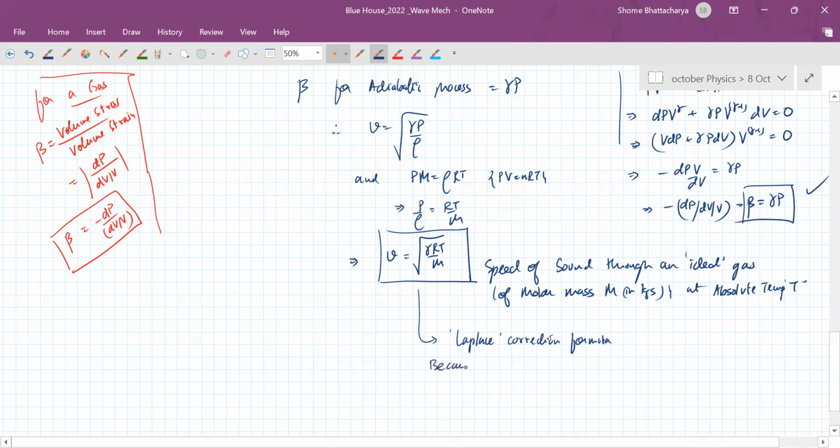Because previous to this, sound was assumed to create isothermal expansions and compressions, and speed of sound was given as square root of RT by M, because for isothermal process Bulk's modulus is P, but this is an inaccurate formula.